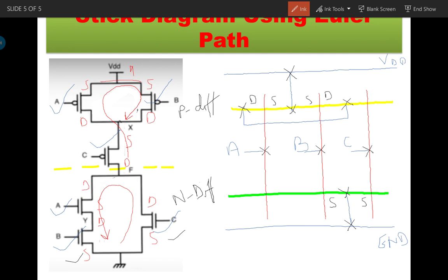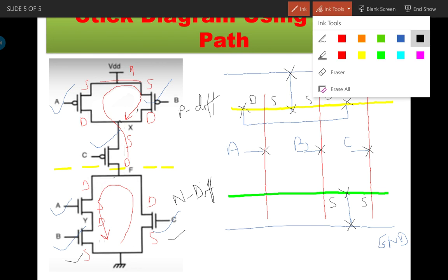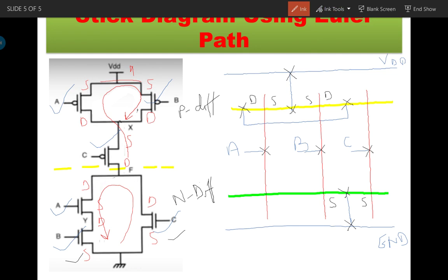Now the drains of A and C are connected together. So let us consider the drain here, the drain of A and C, they are connected together.